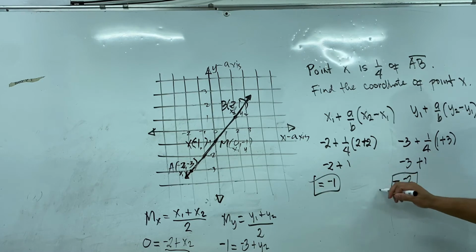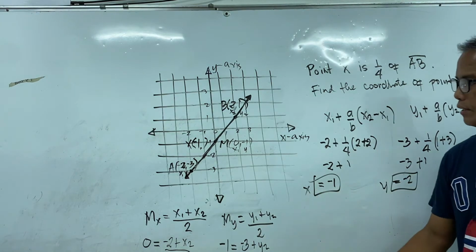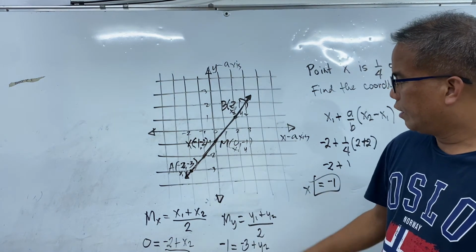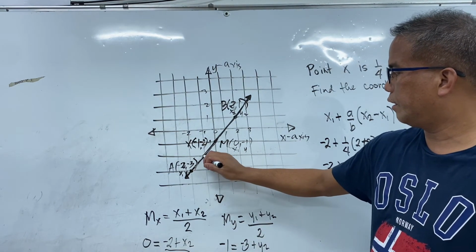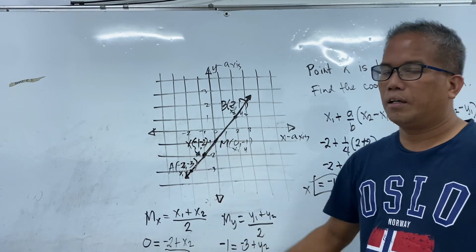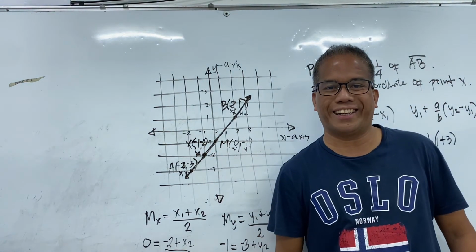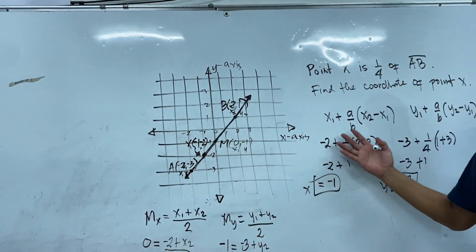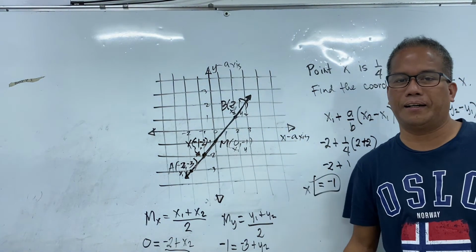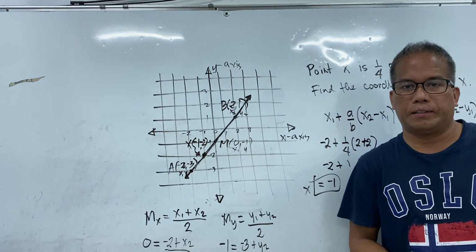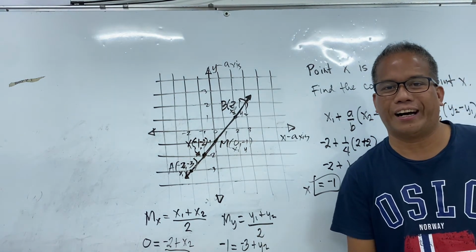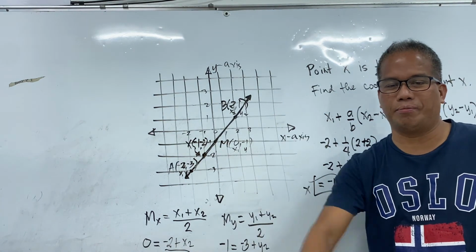So this will be for Y, and this is for X. So we have here negative 2. So let us check. Negative 1 is here, then negative 2 is here. Okay, so this will be the coordinate of point X. So you can use this formula to find the coordinate of the unknown, which is X.